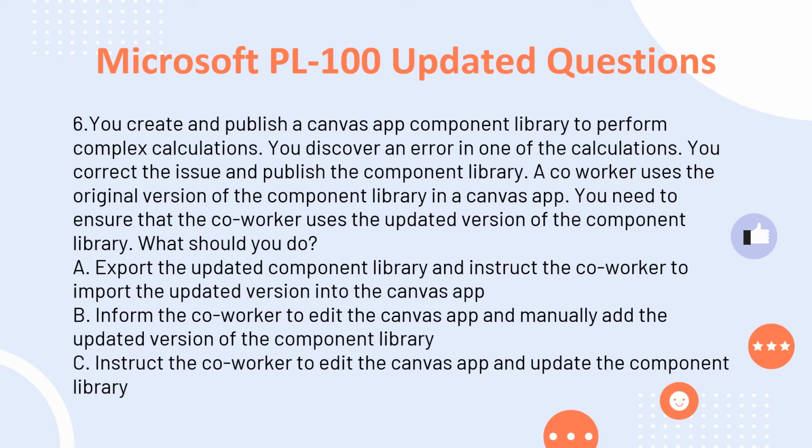What should you do? A. Export the updated component library and instruct the coworker to import the updated version into the Canvas app. B. Inform the coworker to edit the Canvas app and manually add the updated version of the component library. C. Instruct the coworker to edit the Canvas app and update the component library.